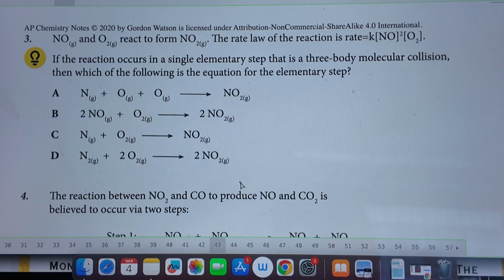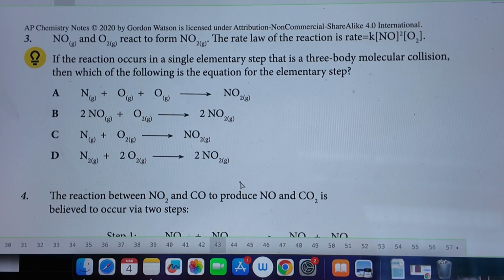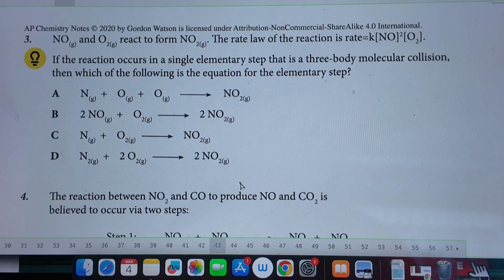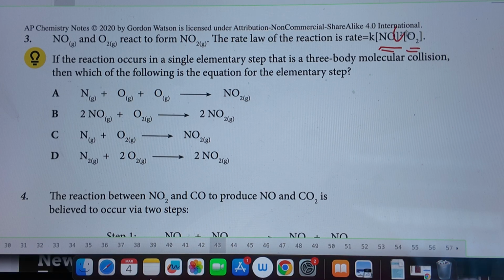That means that this one has to have 2 NO molecules and 1 O2 molecule, because that is like the recipe, right? This is what's here. We're gonna need 2 NOs and 1 O2, right? Because of this. So the only answer that I see that has that is B.